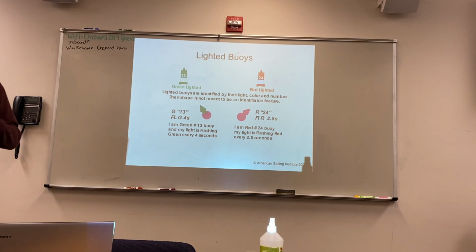Not particularly. There are some standard intervals, like for example, if you have a safe water mark, it almost always blinks a certain color at 2+1 at 6 second intervals. And there's some things but they're set. But the rule of thumb is look at the chart, understand the characteristics, read it off the chart.